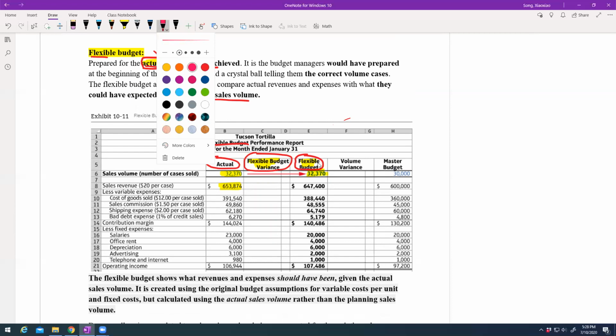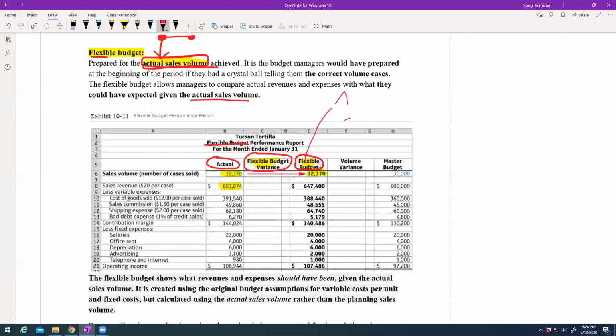We use our actual amount times the budgeted dollar price. So how do we get our flexible budget?